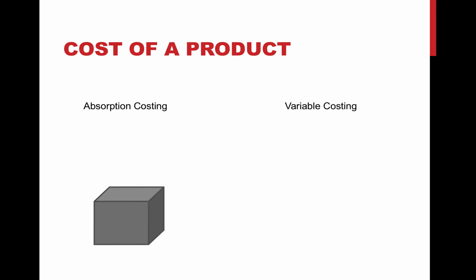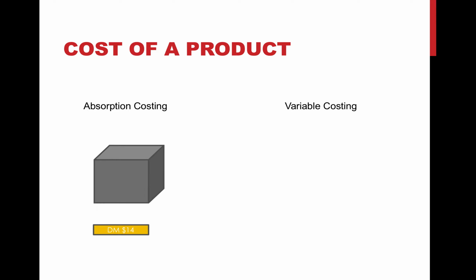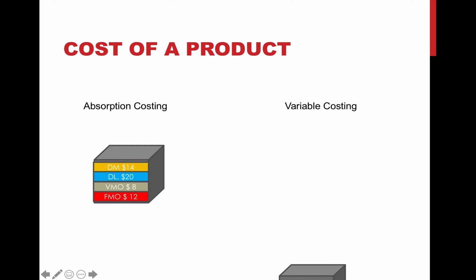So under absorption costing, the cost is determined by adding the direct material, the direct labor, right, the variable manufacturing overhead and the fixed manufacturing overhead. I mean, if this is the box of your product, this box travels with this cost, all together.